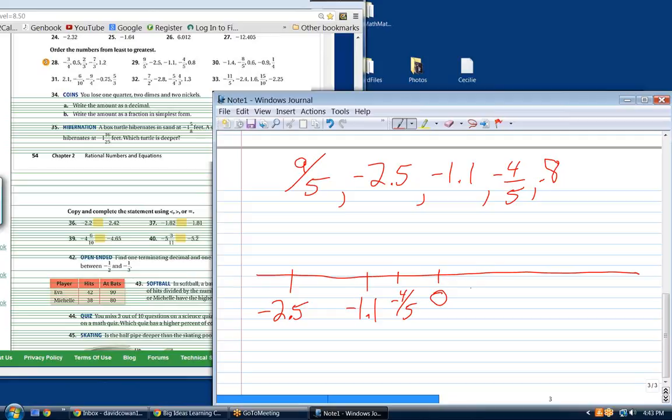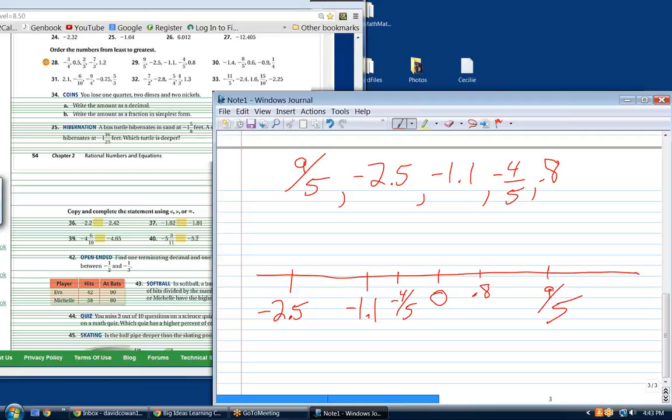Now on the positive side, what comes next? On the positive side, there would be 0.8, which is the same as 4/5. Okay, and then what else? Then 9/5. Okay. Now notice that I didn't label the grid on this number line.